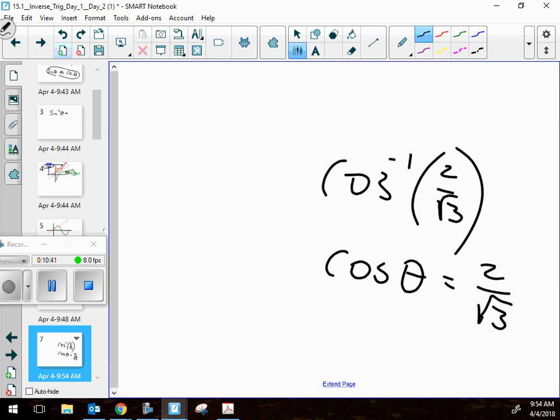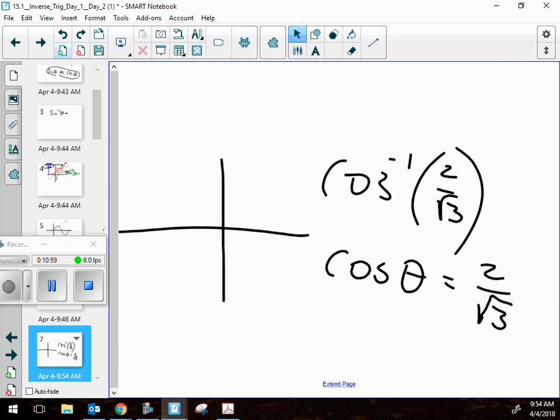Now, we usually make these nice ones, like 30s, 60s, 45s, because you'll recognize them. Do you recognize that 2 and root 3 could possibly lead to a right triangle that you know? All right, figure this one out. Hint, it's positive.